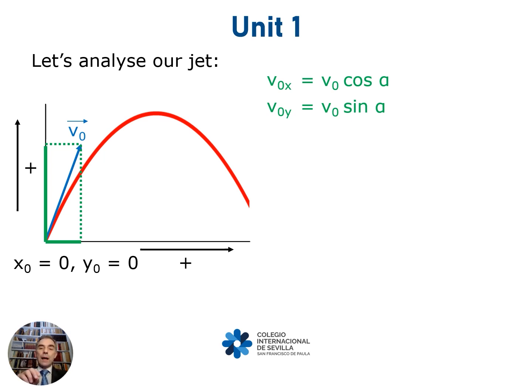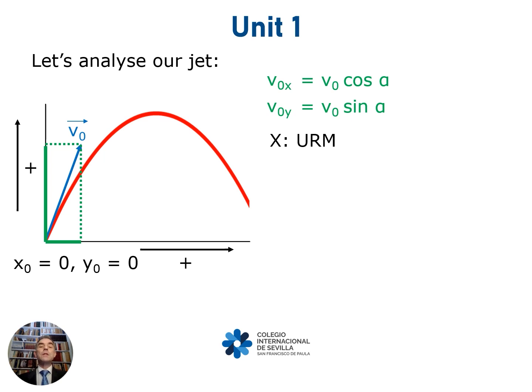As soon as water comes out of the tube, the only effect on each drop is gravity, and gravity pulls down along the vertical axis. Therefore, there's nothing affecting the horizontal axis, and because of that, we have a uniform rectilinear motion along that axis.